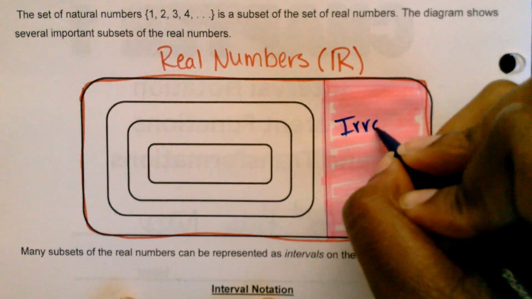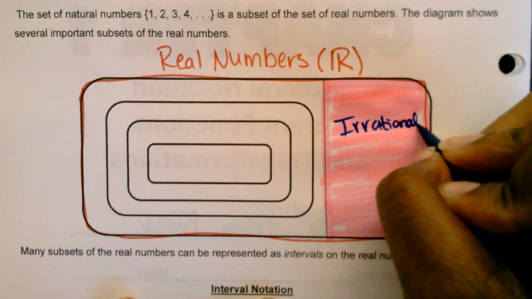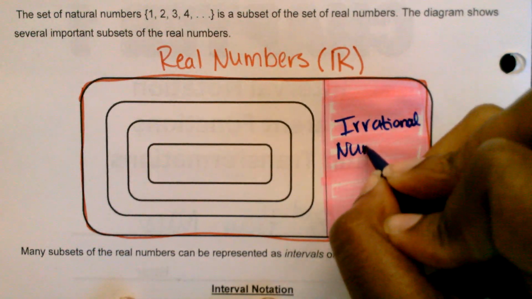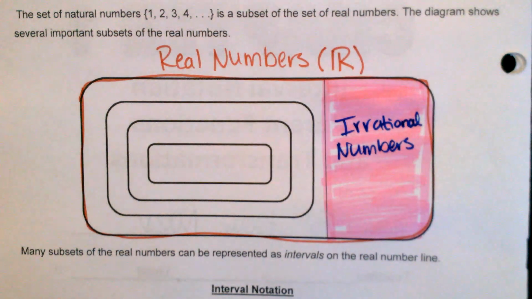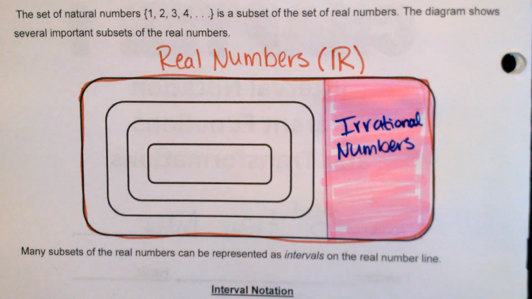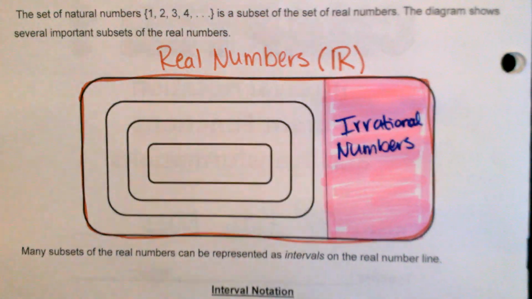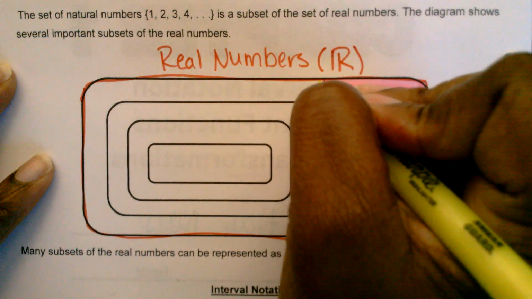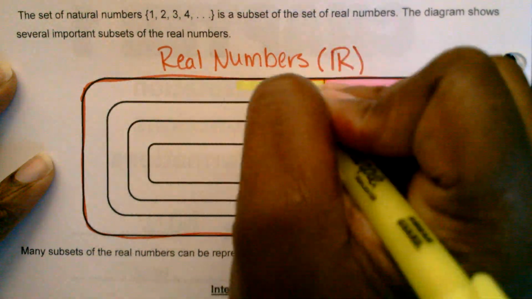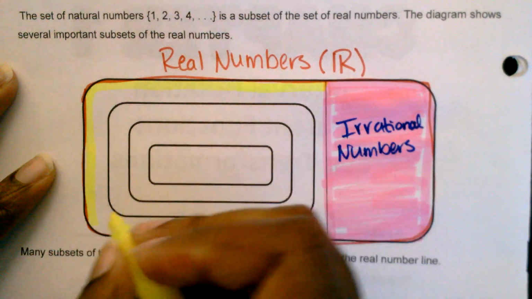Irrational numbers. Irrational numbers. On the other side, I'm only going to highlight just this outside part, but think of this whole entire side though, okay?